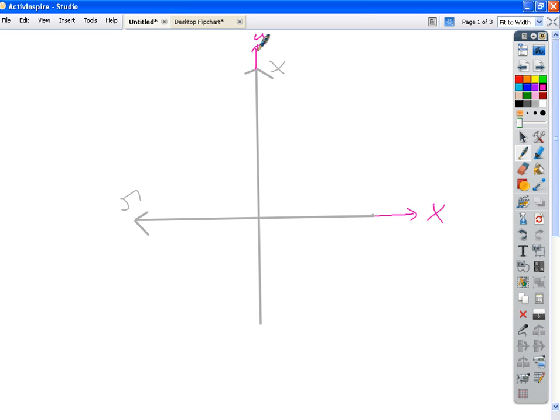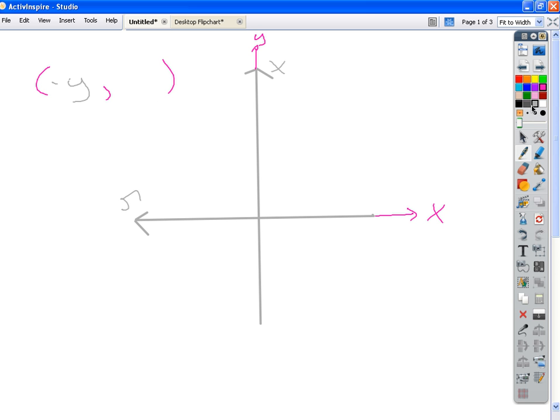If we want to know what's happened to that point, its x position is actually the opposite of its original y value, right? And its y position is what used to be its x position, right? Does that make sense?